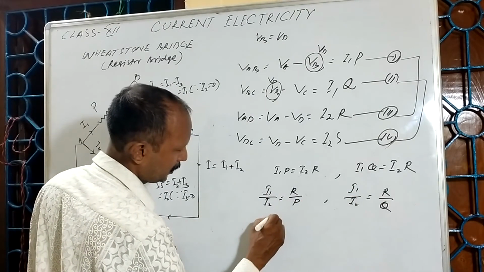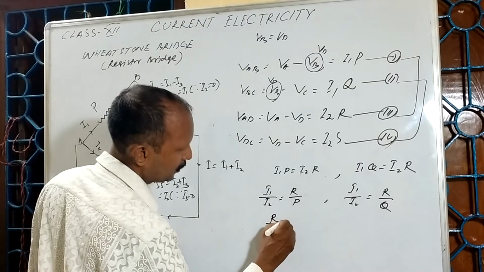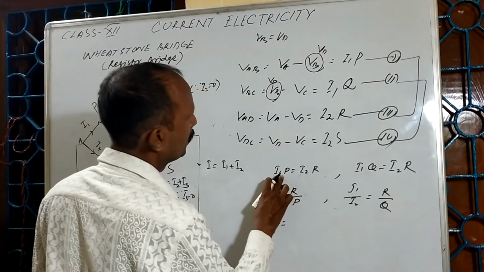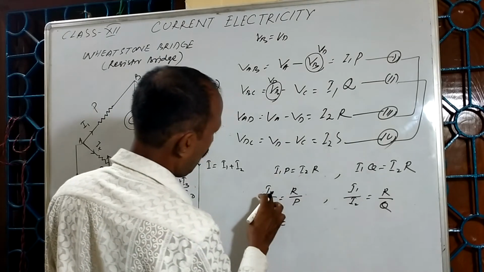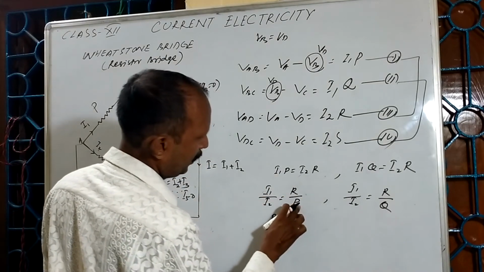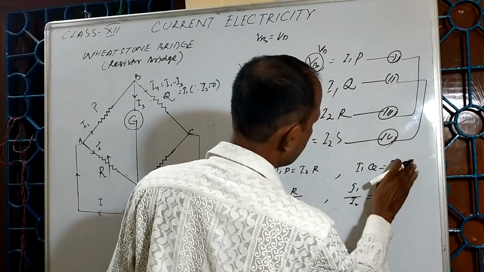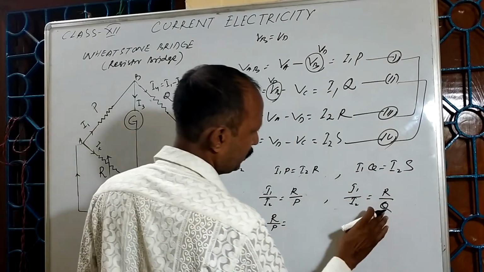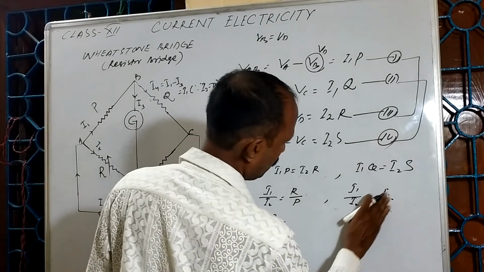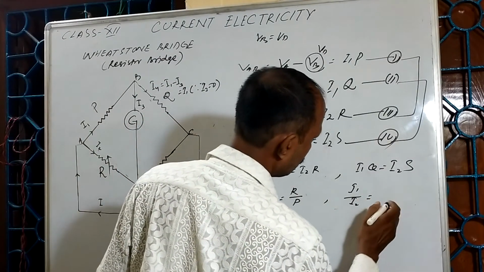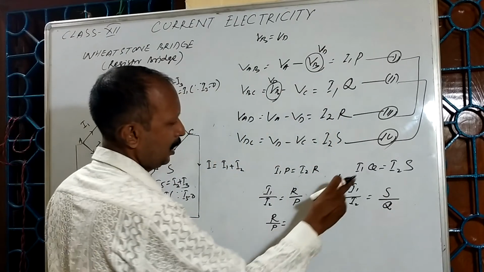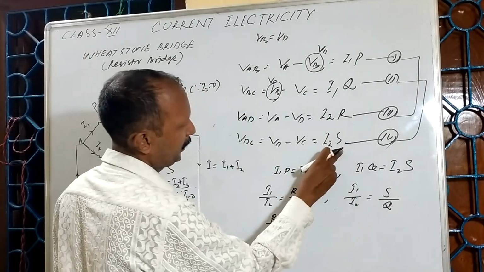That means this is I1 by I2, this is also I1 by I2. I had mistakenly written I2R, but here I1Q is equal to I2S.